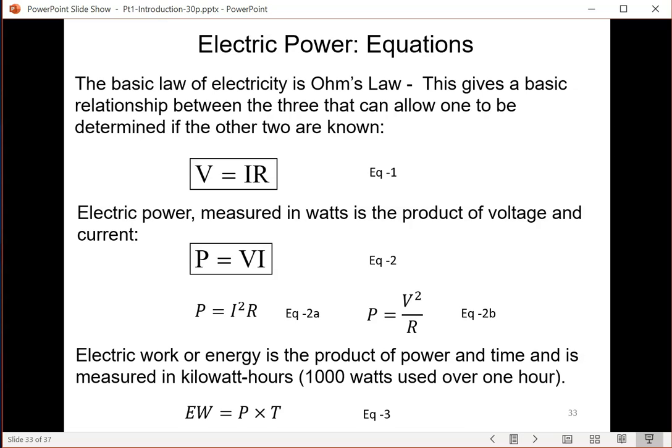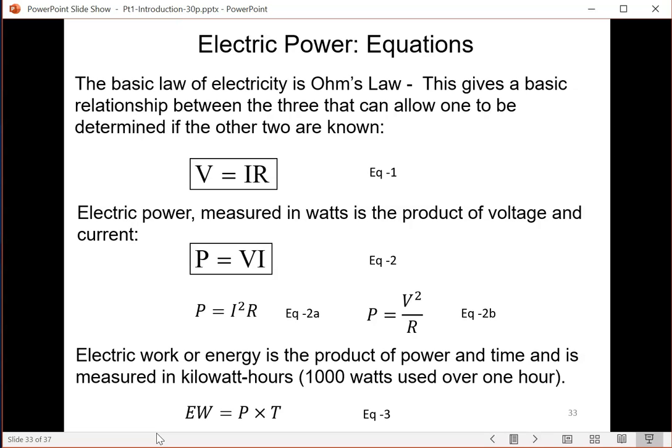This is a standard unit of energy. Therefore, the electric work equals power times T, how long it lasts. If you keep the output at the same power level, the longer you do this, the more energy you use.